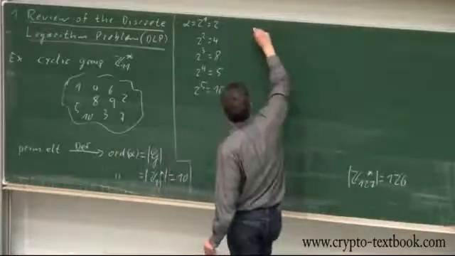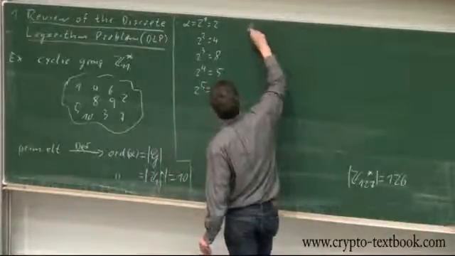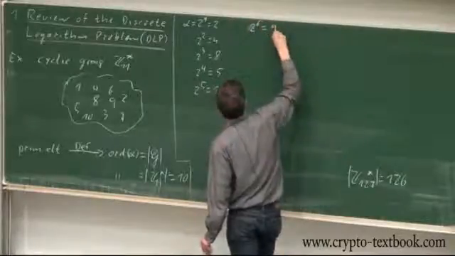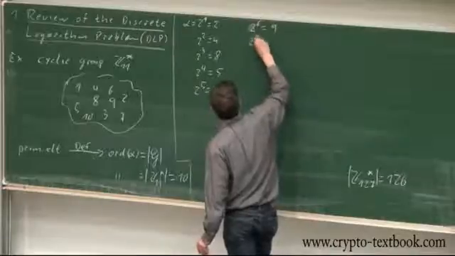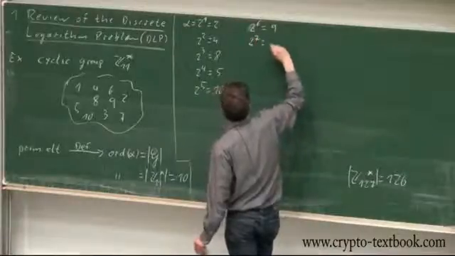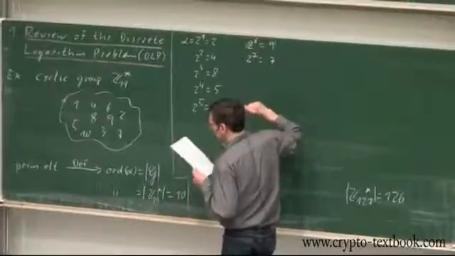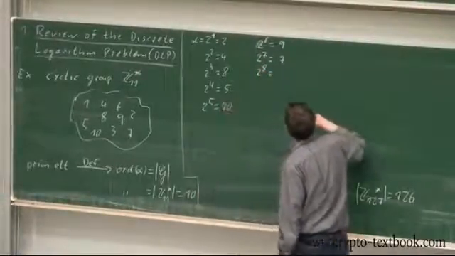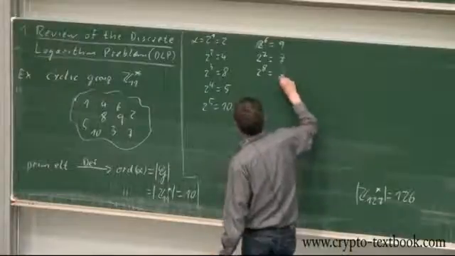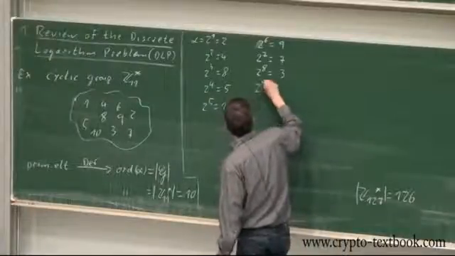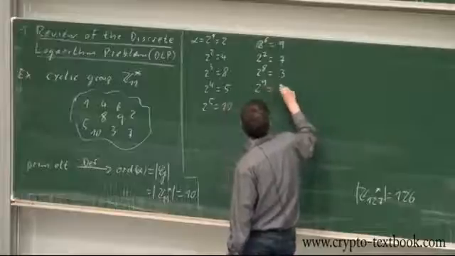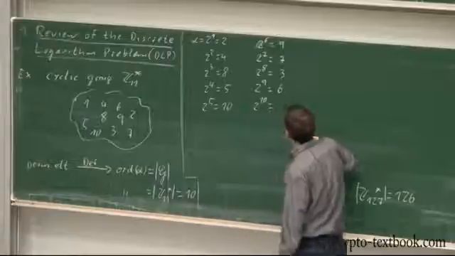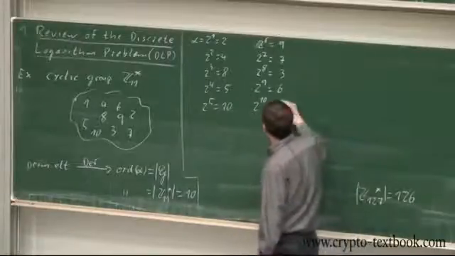I continue here. 2 to the 6th is 20, is 9. 2 to the 7th is 18, modulo 11 is 7. 2 to the 8th is 14, modulo 11 is 3. 2 to the 9th is 6. 2 to the 10th is 12, modulo 11 is 1.